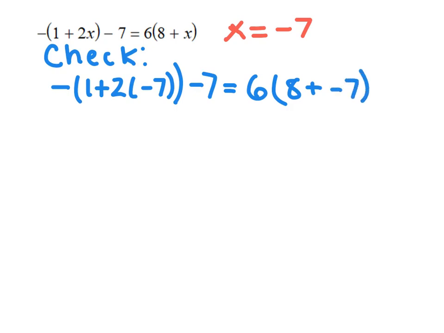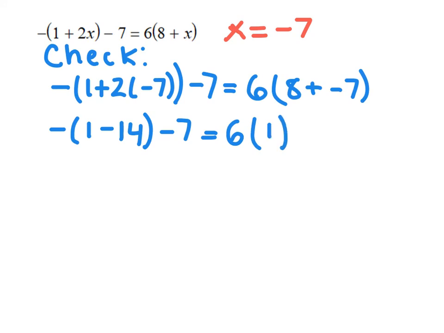So if I simplify the left side, I get negative times 1 minus 14 minus 7 equals 6 times 8 plus negative 7, which gives us positive 1.